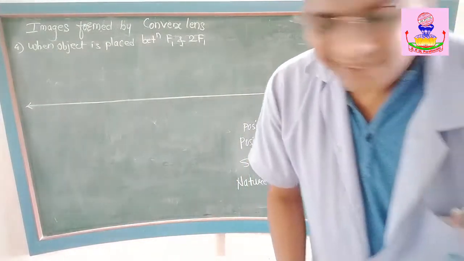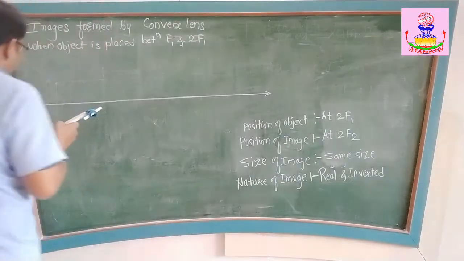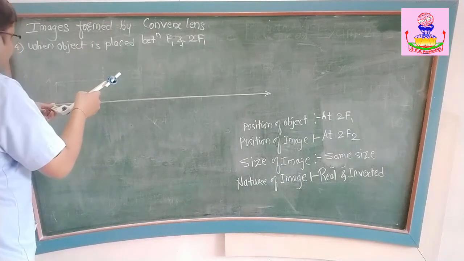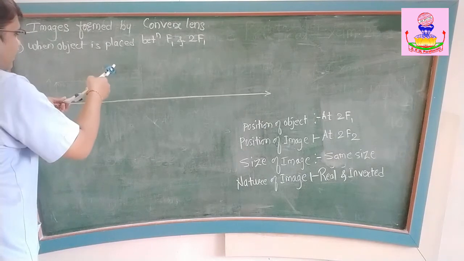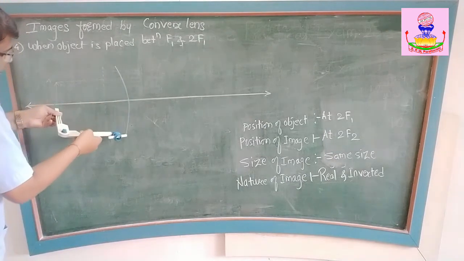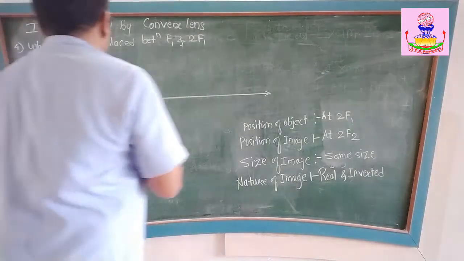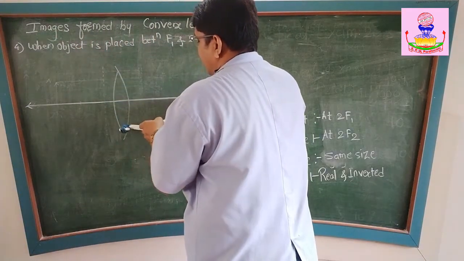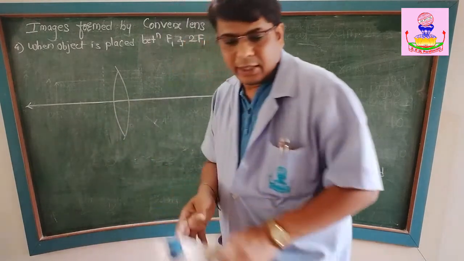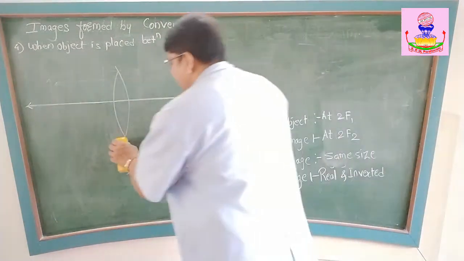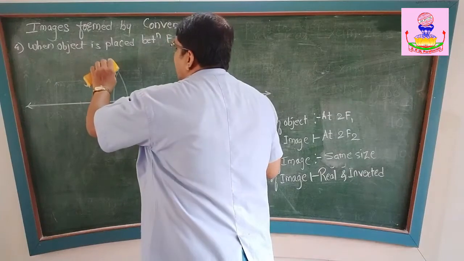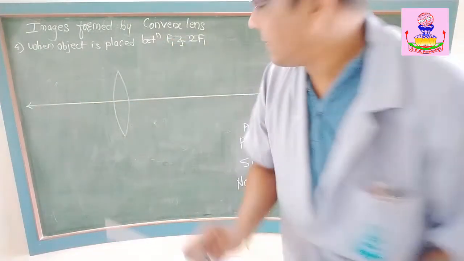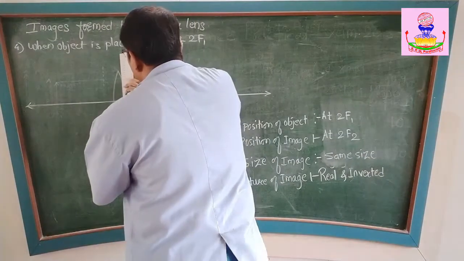Okay, draw the lens. Of course, it is a convex lens, right? Rub the additional arcs and draw the vertical axis.